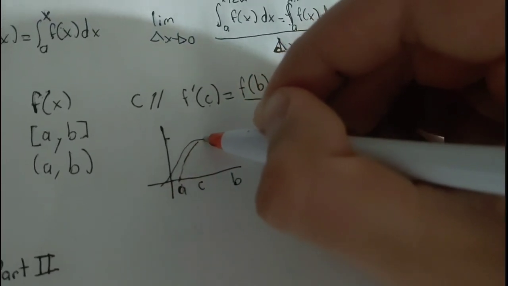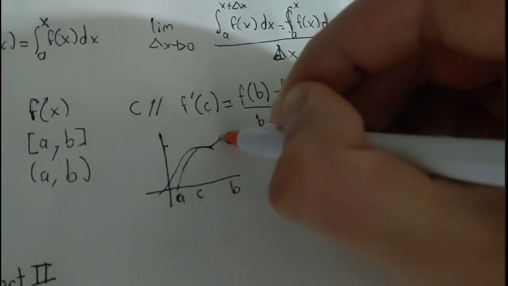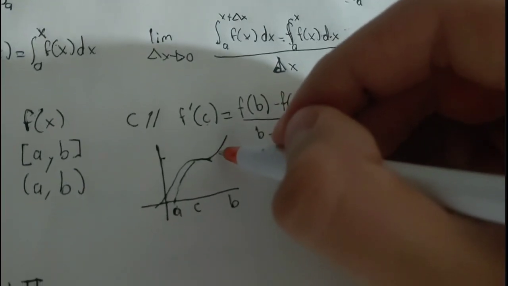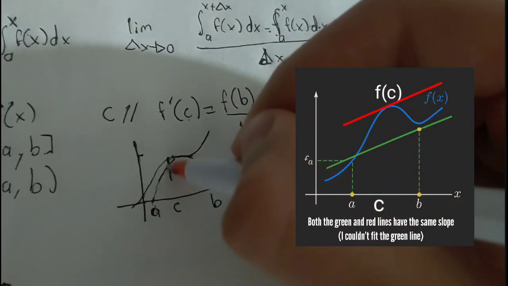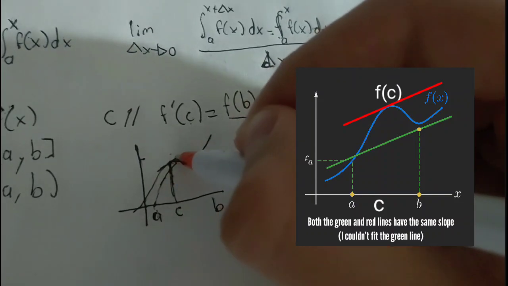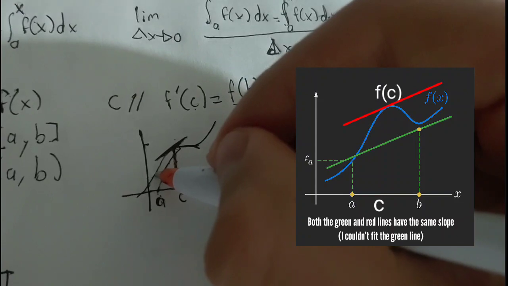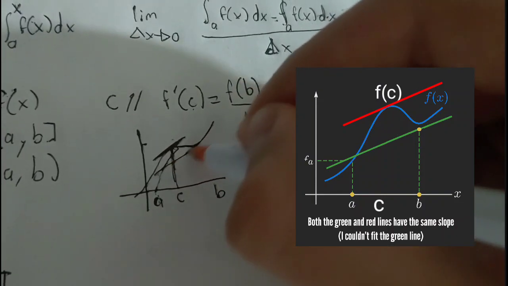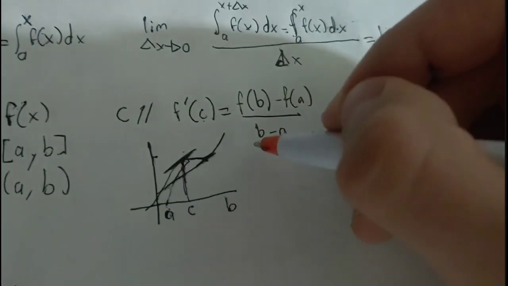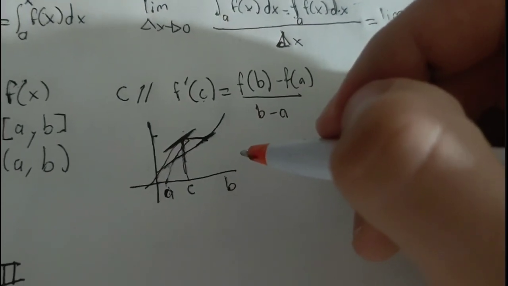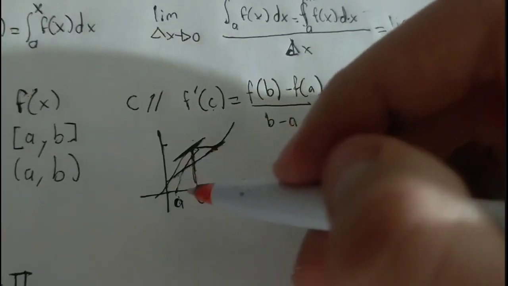Now it states that the slope at c, like this, is equal to the slope of the line between b and a. This is kind of sketchy, so it's not 100% accurate, but I think you get the idea.